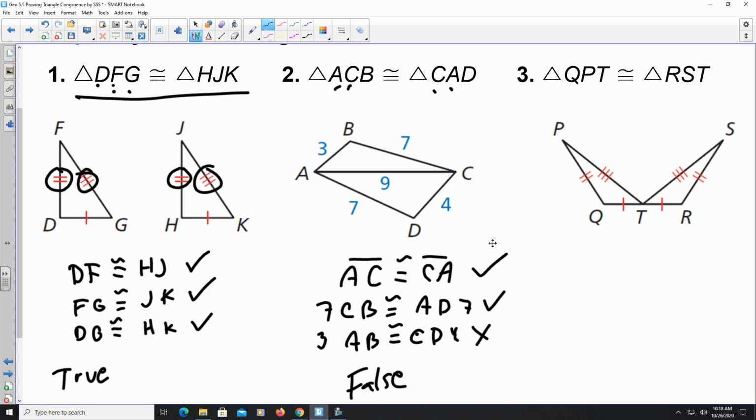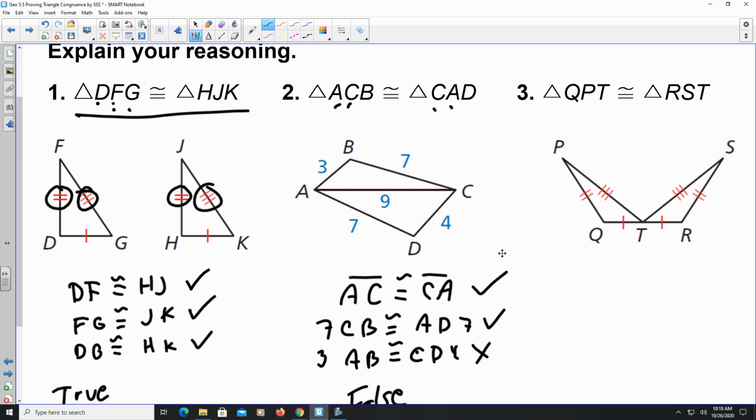Looking at number 3, first and second, I have QP. I want to see if that's congruent to RS. QP is 2, RS is 2. That checks off. PT is second and third. Is that congruent to ST?